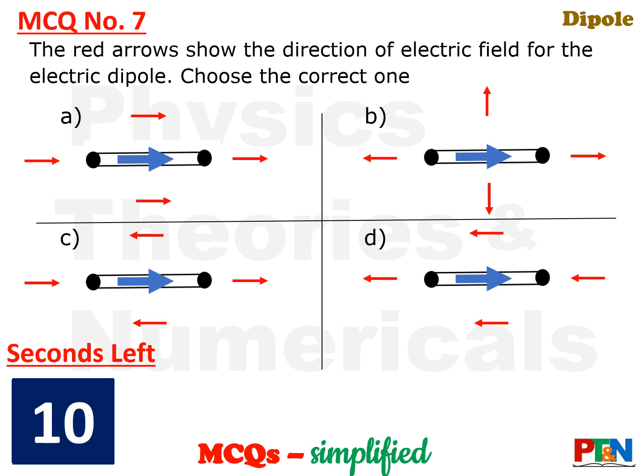Next MCQ. The red arrows show the electric field for the electric dipole. There are 4 options. You need to choose the option where the electric field directions have been shown correctly. 10 seconds time for you.